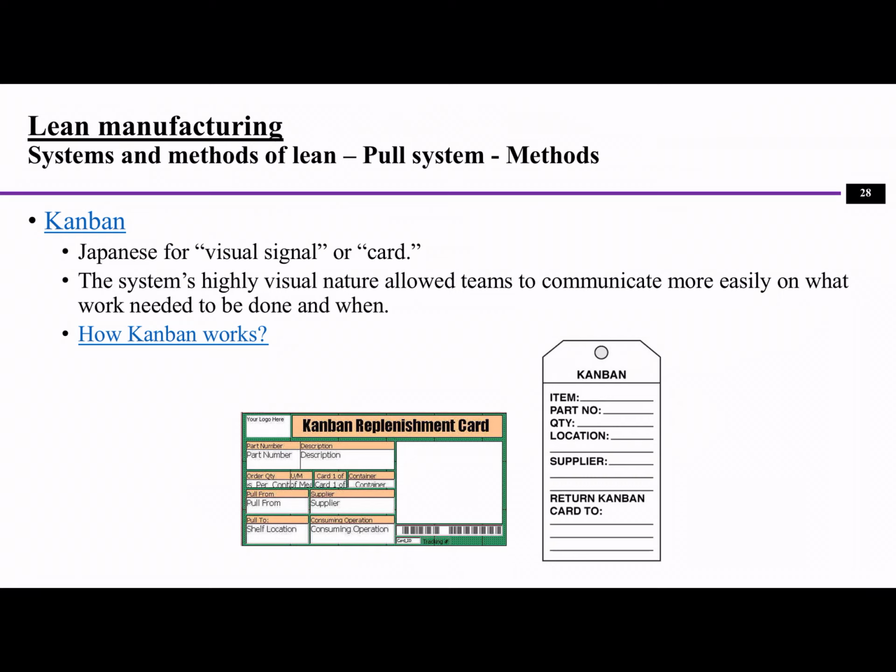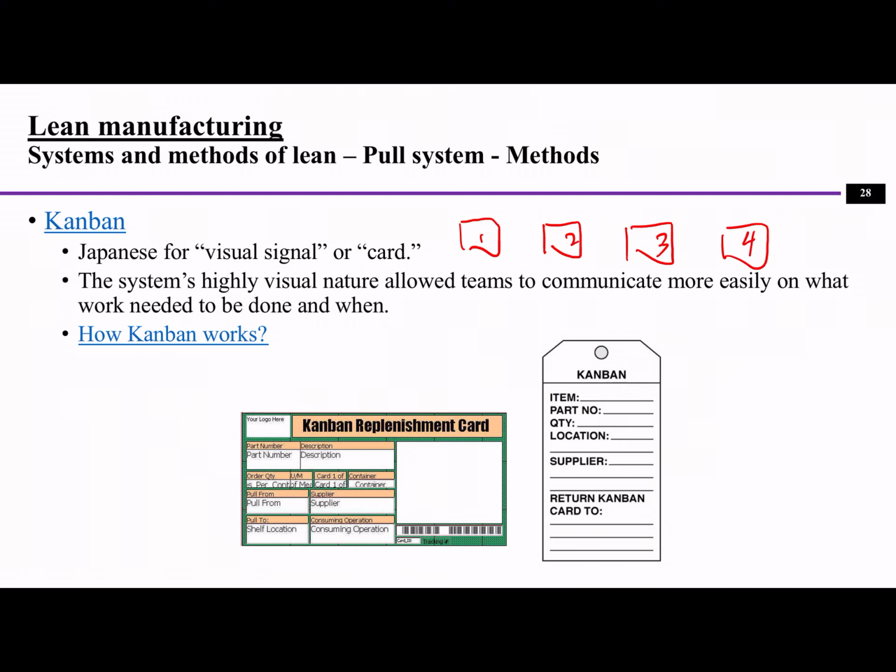All right, another very useful method is the Kanban system. The Kanban system is based on a pull system, right? So what happens is you have different processes: process 1, process 2, process 3, and process 4.